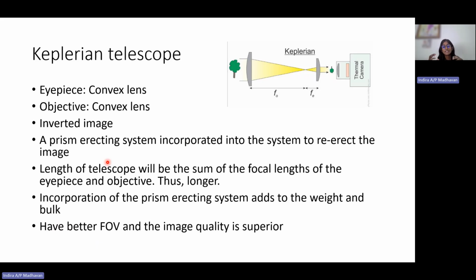The incorporation of the prism erecting system adds to the weight and bulk. That's why Keplerian telescopes are usually big, bulky, and slightly heavier compared to the Galilean, which come in very tiny telescopes. The advantage of the Keplerian telescope is they have a better field of view and the image quality is superior compared to the Galilean telescope.